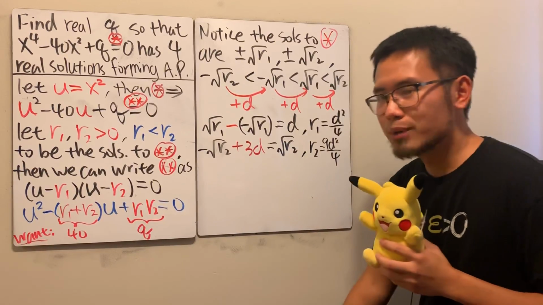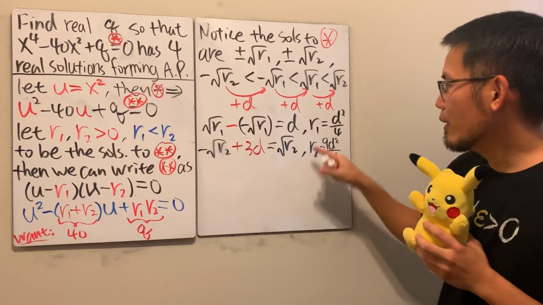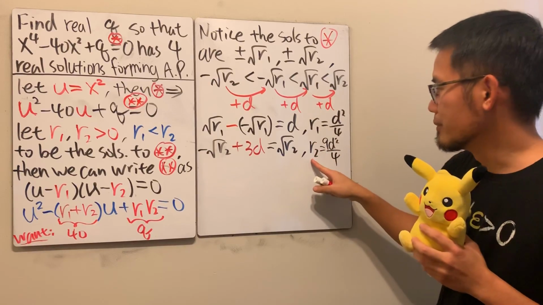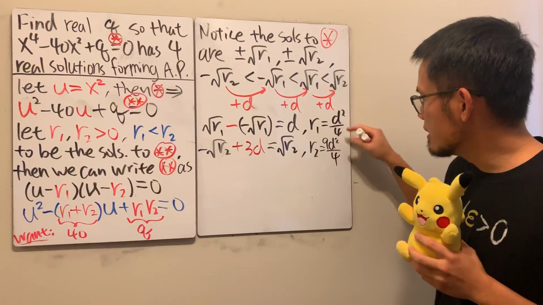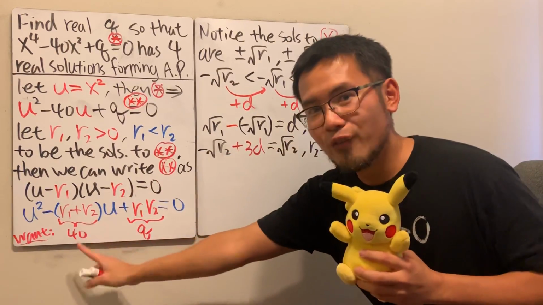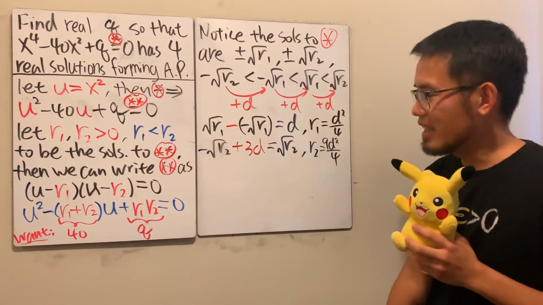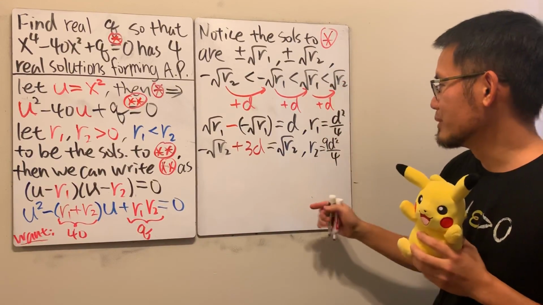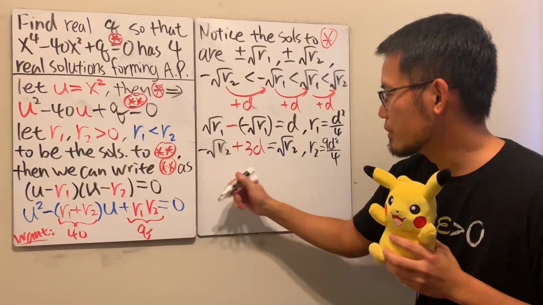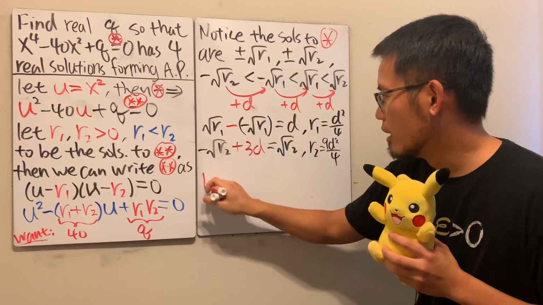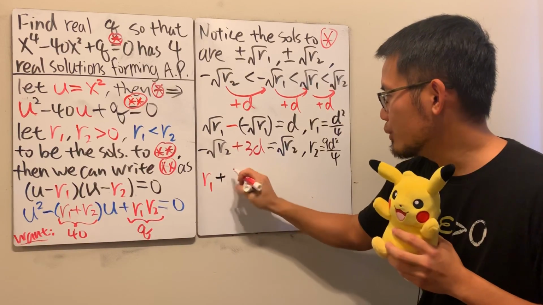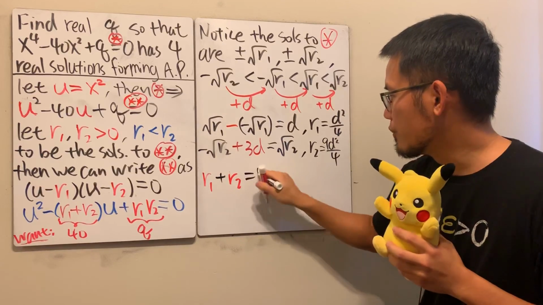Now, what else can we do? Well, R1 plus R2, which is this plus that, is equal to 40, isn't it? Yes, it is. So I'll just put down R1 plus R2 is equal to 40.